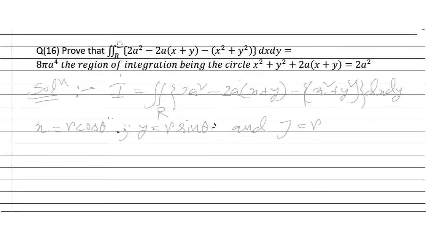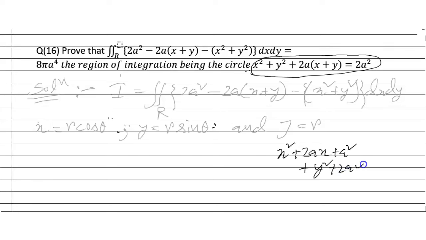This region can be written this way: x squared plus 2ax plus a squared plus y squared plus 2ay plus a squared is equal to 4a squared. So friends, whatever we see, (x plus a) whole squared plus (y plus a) whole squared is equal to 4a squared.